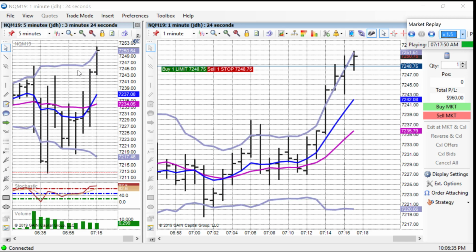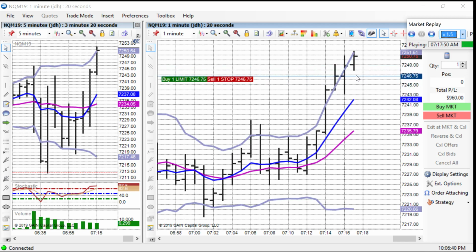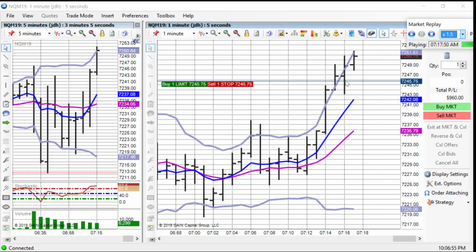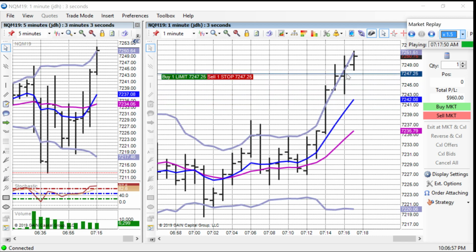That convinced me to take that trade. I don't think I did this in the live trading just because I wanted to stick to the rules, but I just want to show how the 5-minute chart really tells you the truth of what's happening here. So that's a good demonstration of that, even though it's in violation of one of my main rules. So yeah, I just thought I'd show it.